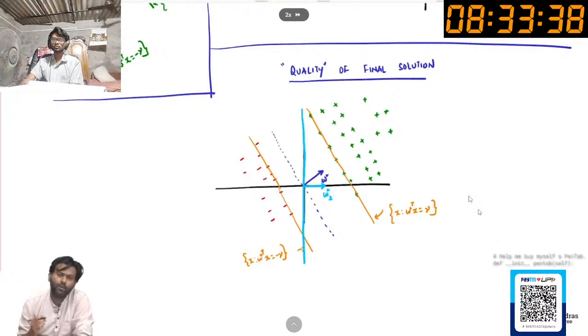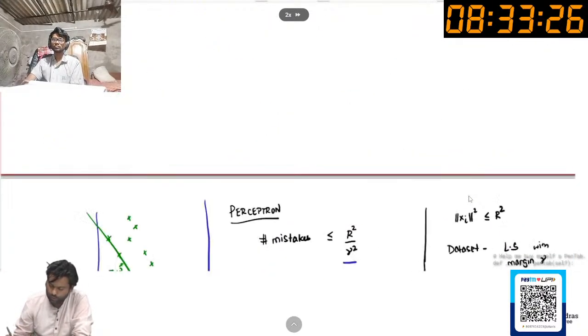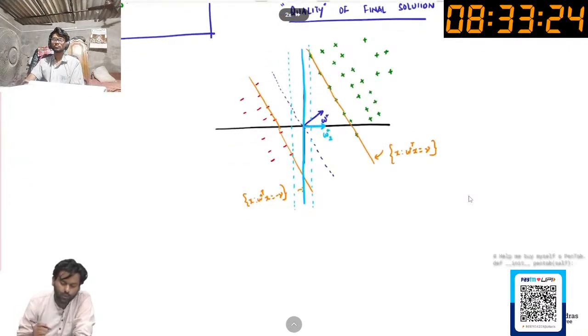Now, one can ask the same question: what would be the margin for this particular W star 2? So now, if you look at it, it's going to be like this. So this would be the margin for W star 2. Basically what has happened is that you have two different W stars.